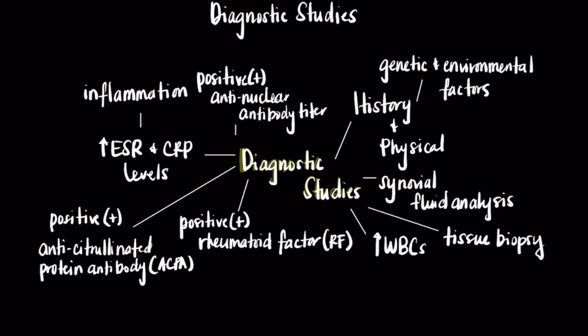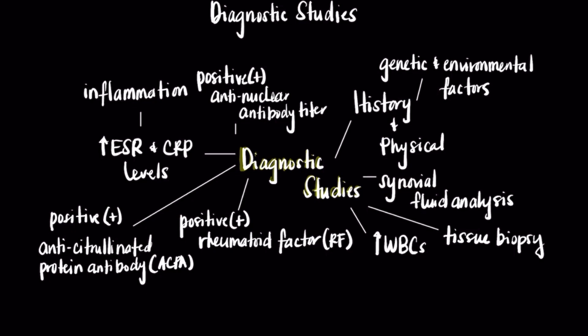Elevated white blood cells tend to be associated with rheumatoid arthritis due to the fact that rheumatoid arthritis is an autoimmune disease, thus with heavy involvement of the immune system by way of white blood cell activity. Synovial fluid analysis and tissue biopsies are also particularly helpful to analyze the extent of inflammation at the joint.